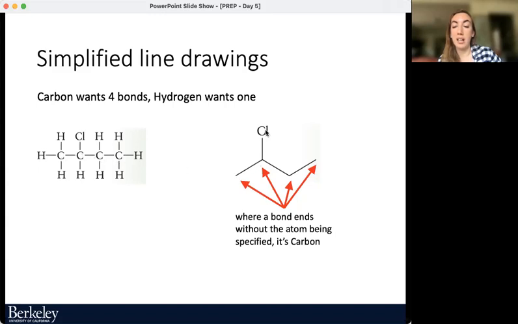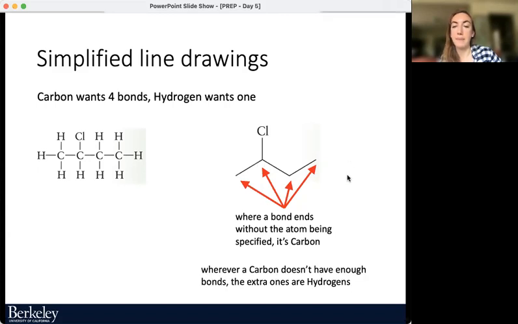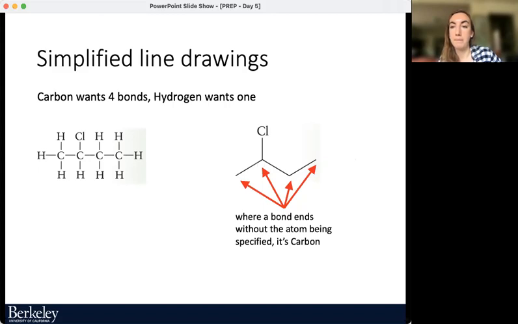We've drawn a bond ending in chlorine where we've actually written out the Cl because it's not carbon. If we write out what element it is, it's chlorine. If we don't write what element it is, but we draw the bond, it's carbon. Is it always carbon? It's always carbon.